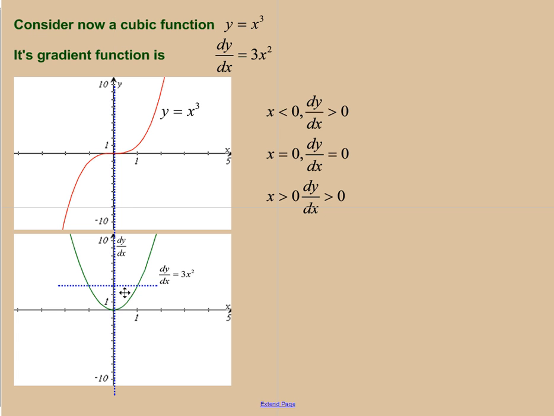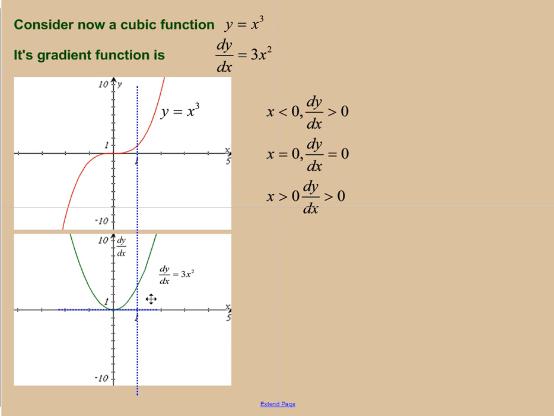Then at x equal to 0, it's 0, and as we go around here, this graph has a positive gradient again. This is what we call a stationary point of inflection, because the gradient sign hasn't changed. It's been positive, 0, then positive again.